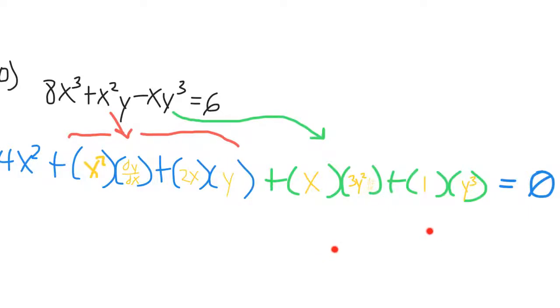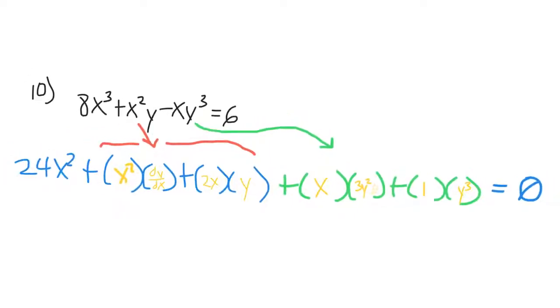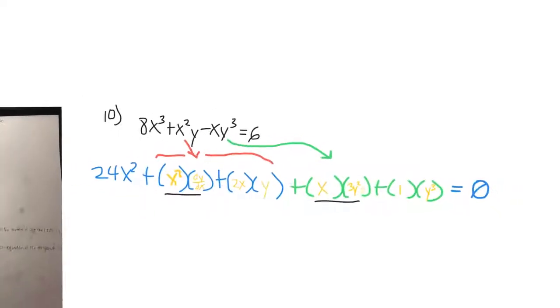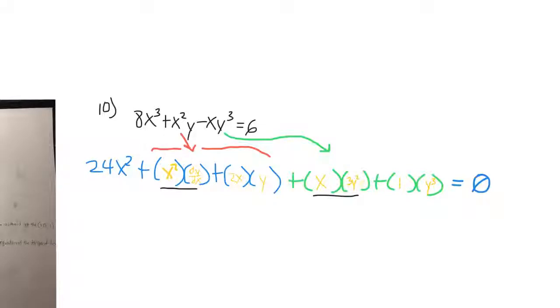Let's look at this to see if there's any opportunities for simplification. There are not. So I don't really mind leaving these in parentheses for now. As usual, taking note of the terms that have the dy over dx in them, and it's those. So let's get it in our head that we're going to keep this on the left, and we're going to subtract this, subtract that, subtract that.